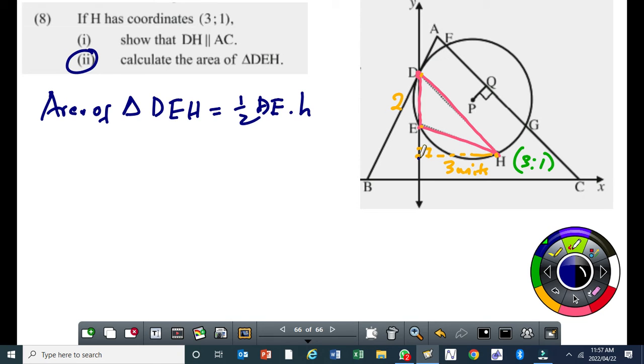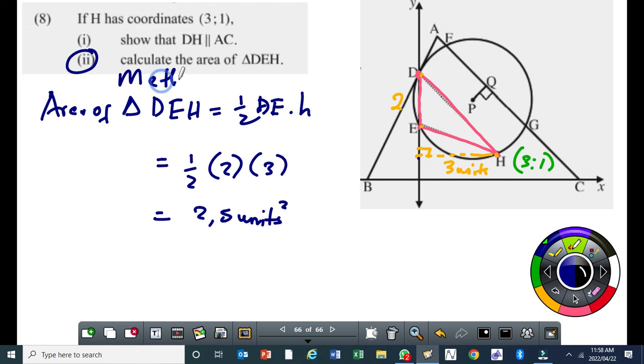So this will be a half times 2 times 3. And this will give you 3 square units. Let's call this one method 1.